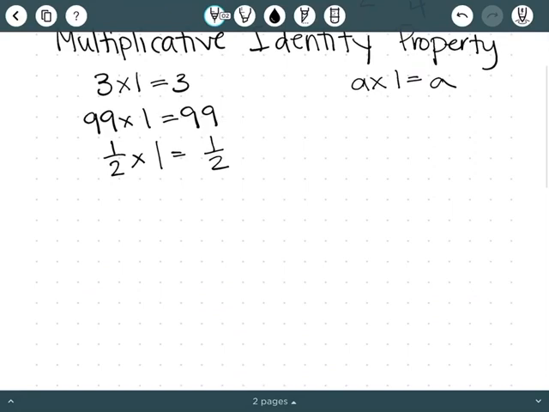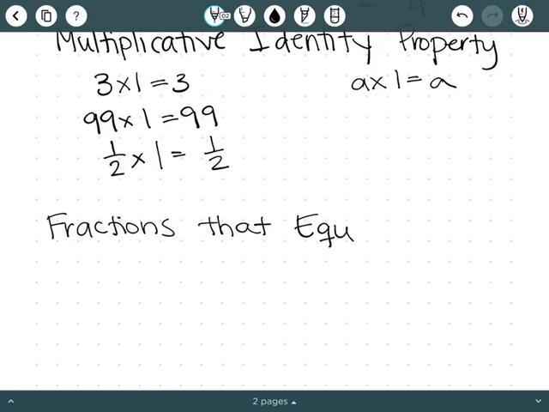They also, by the time you're talking about fraction equivalence, know about fractions that equal 1. These include any fraction where you have the same integer over itself.